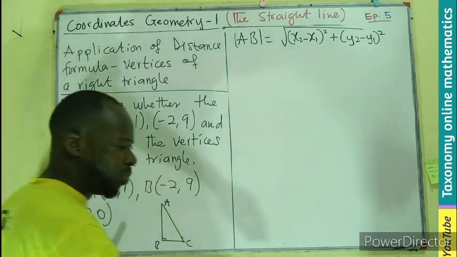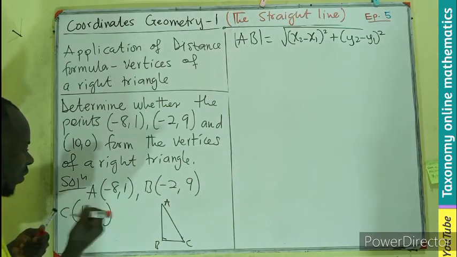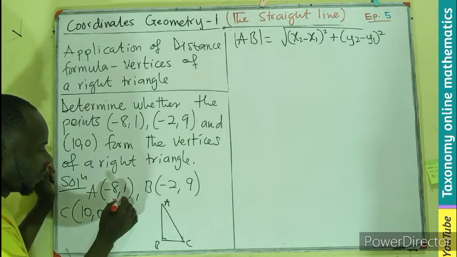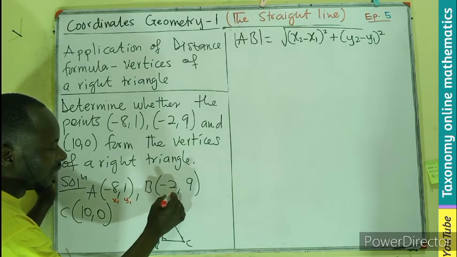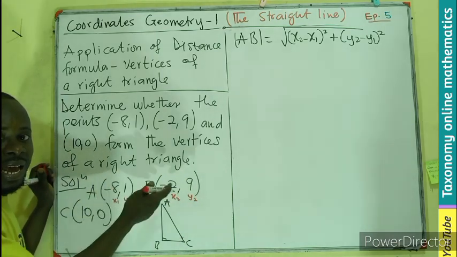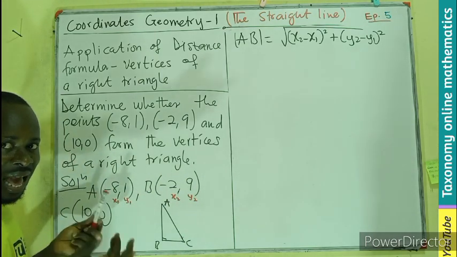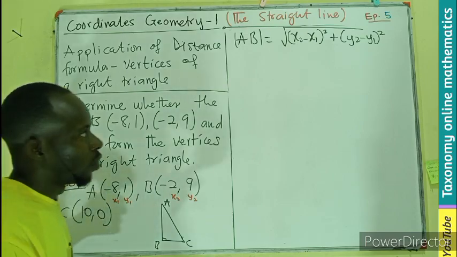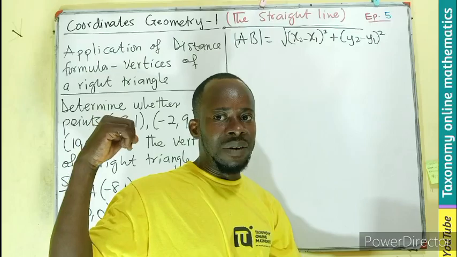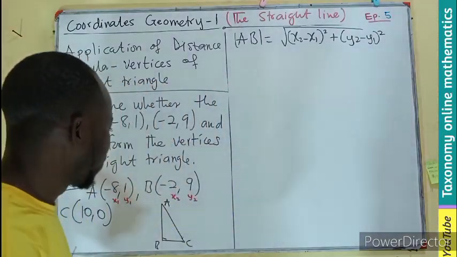When I pick AB, this is the first x, so x1, the first y, y1, second x, x2, second y, y2. These are the designations of the x and the y we have.